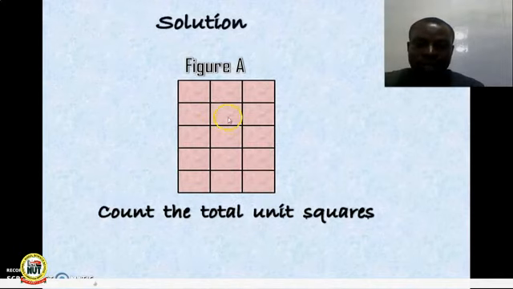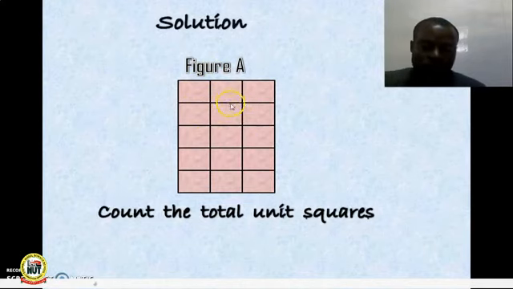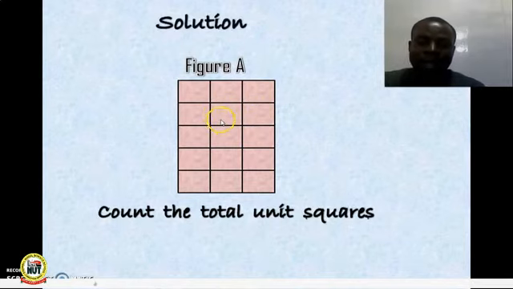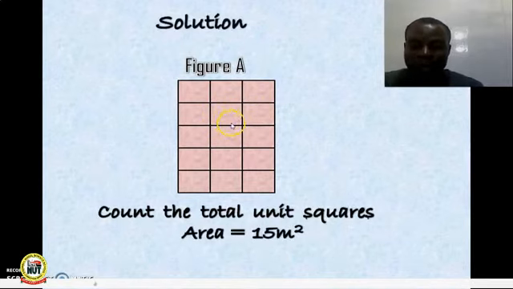So this figure A has a total of 15 unit squares. So the area of figure A is 15 meters square.